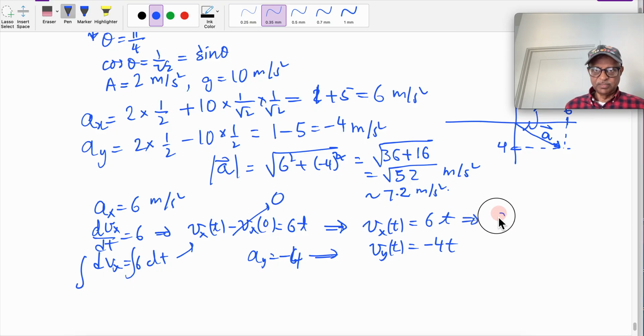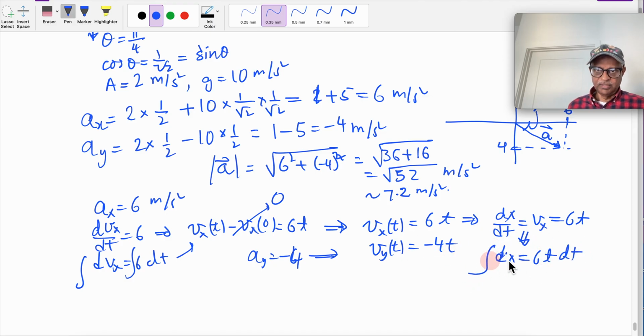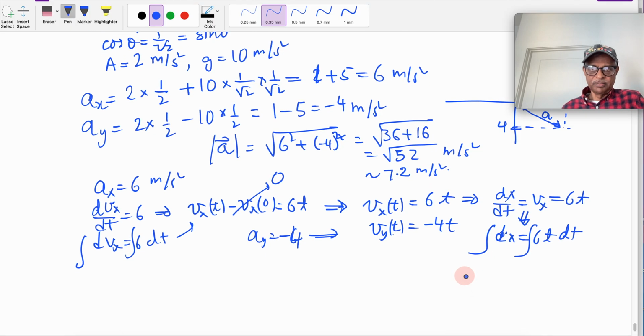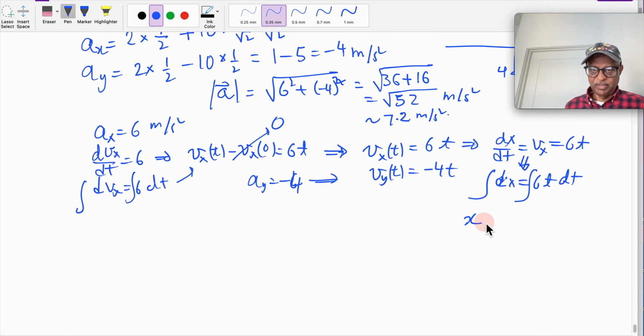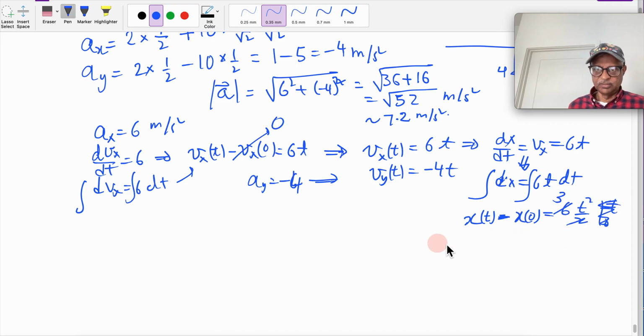But this just means dx over dt is Vx, just means 6t. So this will give me dx equal to 6t dt. Integrate these guys. So x at any time t minus x at 0 time equal to 6t square over 2, 0 to t, and so this just becomes 3t square.